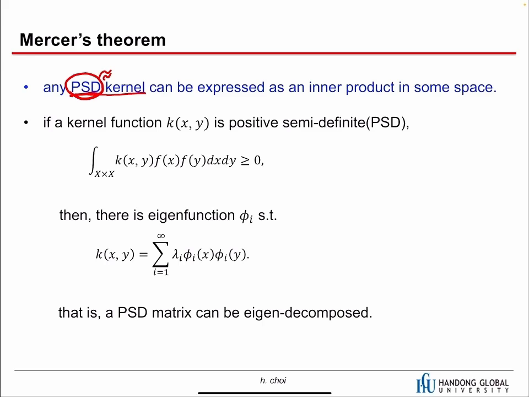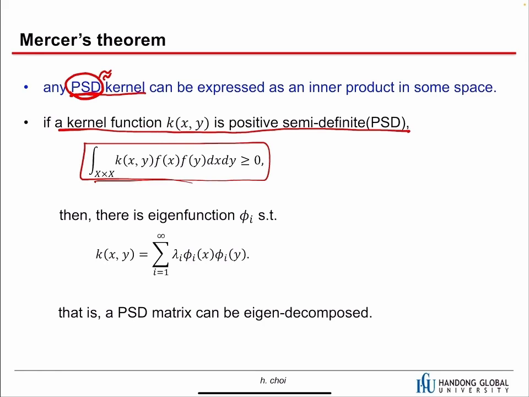Let's look at this theorem. If a kernel function is positive semi-definite, remember that x, k, x is positive for all x, then k is positive definite, right? So we use a different style to represent these things. Think about this one as a vector and this one as a vector with different values.